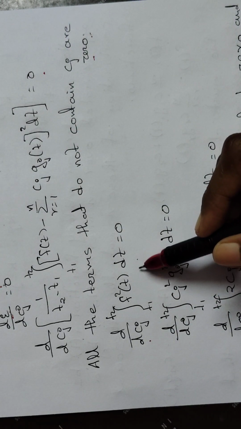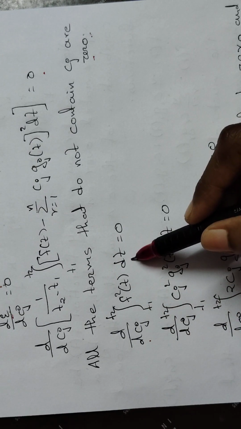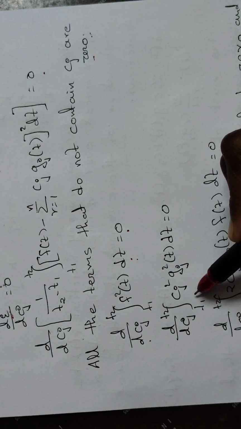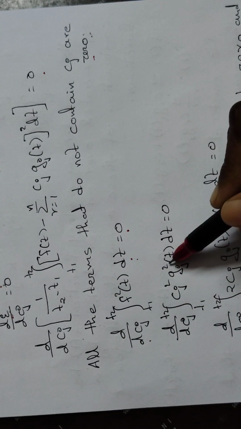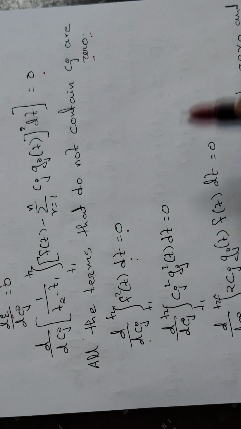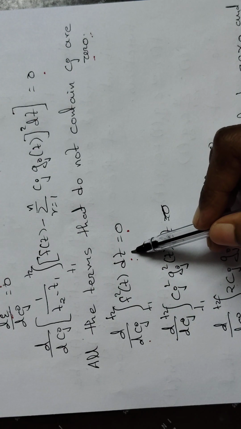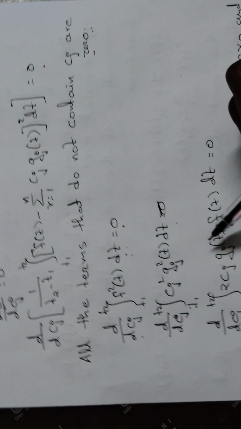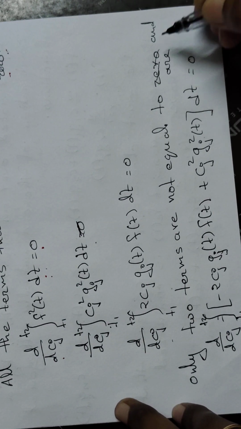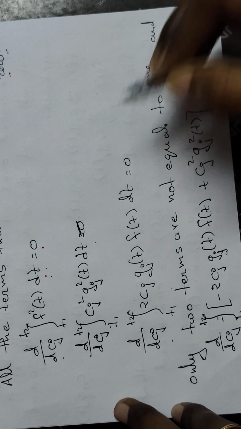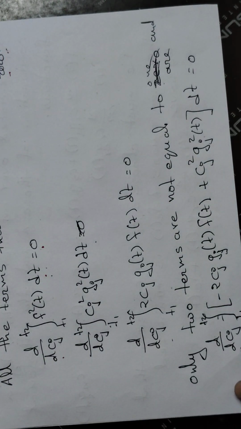Now a square is f square of t into dt. You have to differentiate this one. There is no cj term here, right? So this value is 0. Next, the cj square gj square of t into dt term, and the remaining parts we get if we differentiate with respect to cj.